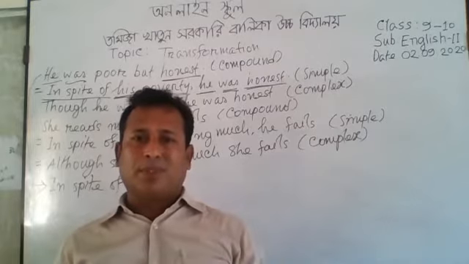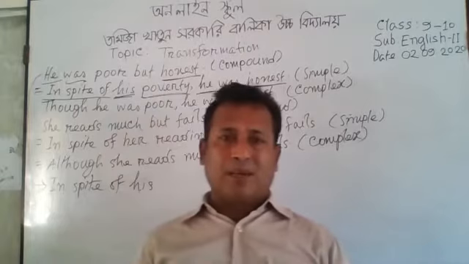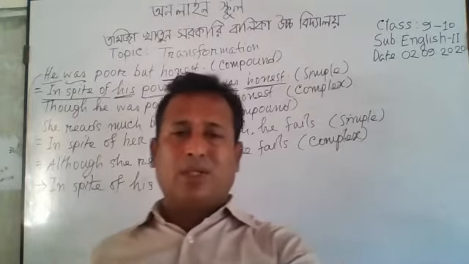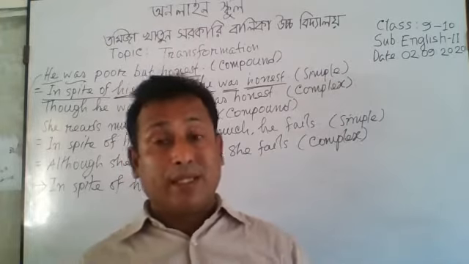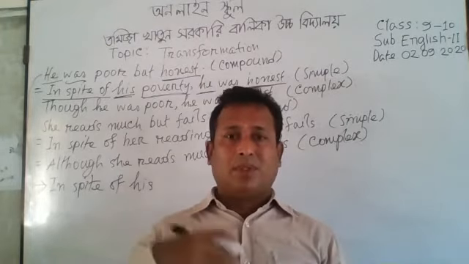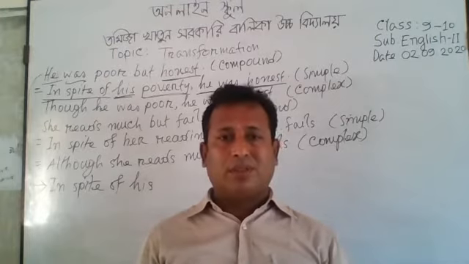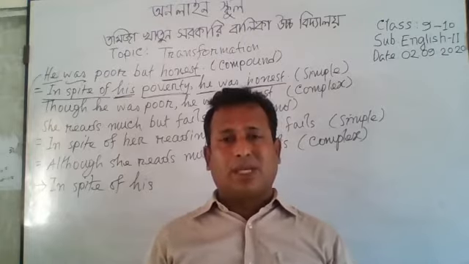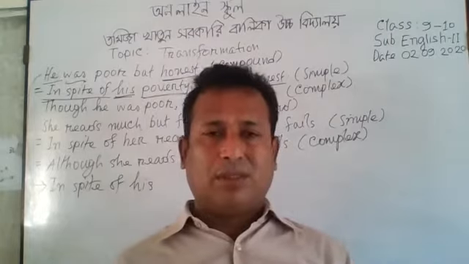For a be verb there will be being, and for have, has, had, I will use having. And if there is a principal verb, it will be verb plus ing.